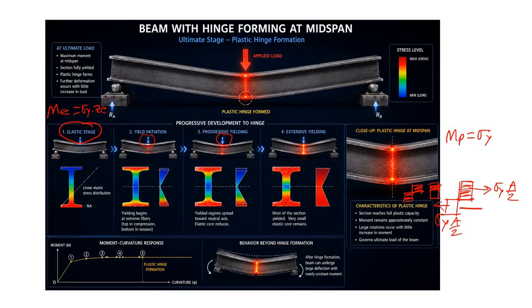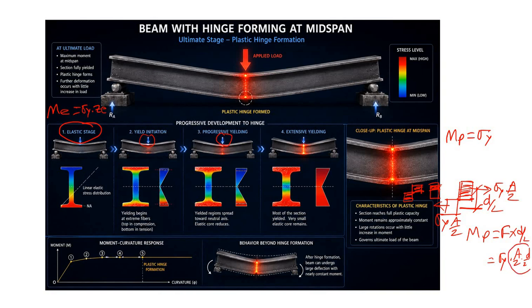What is the distance? This is the distance, that is d by 2. So moment is force times lever arm, that is d by 2. So it is coming as sigma y A by 2 and d by 2.